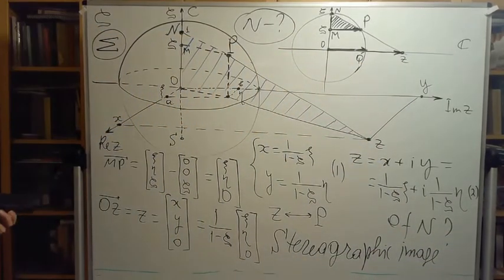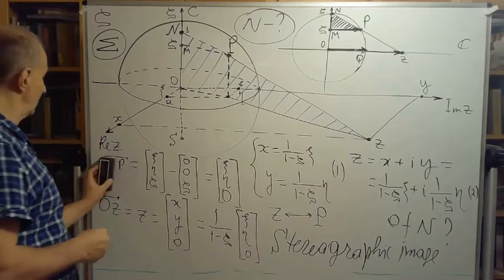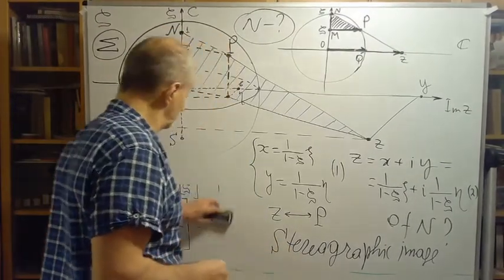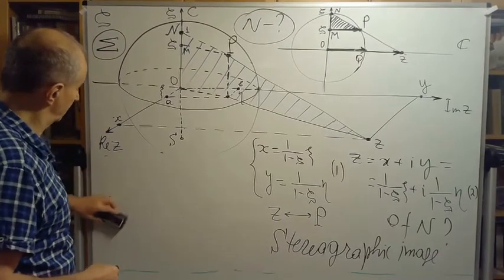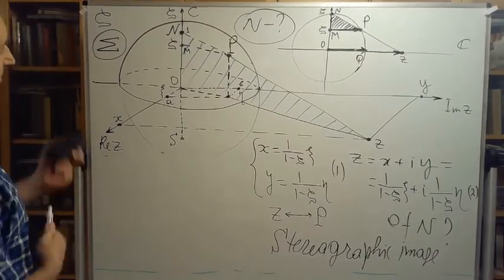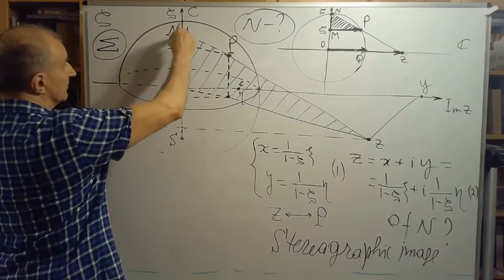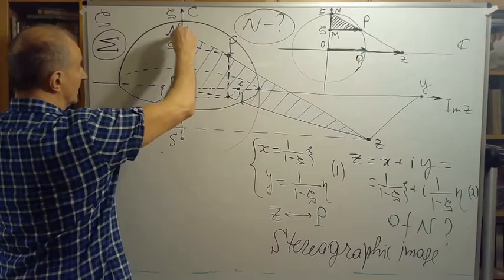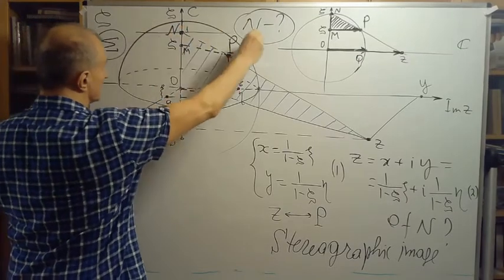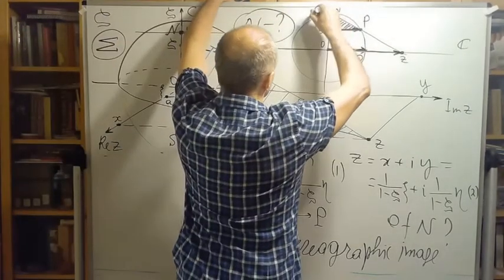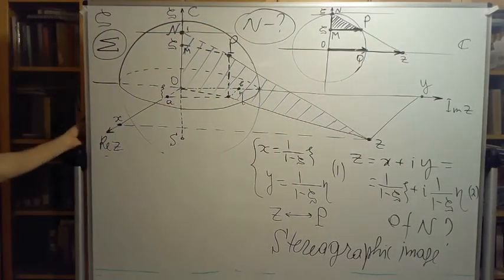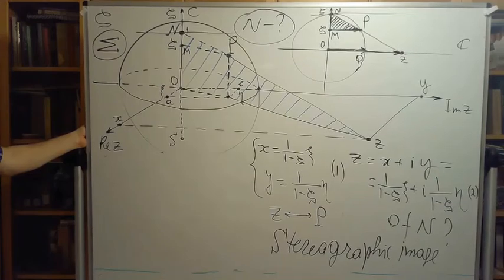That's my question. Whenever I want to find the image of P, we draw a line through the North Pole and P. If I draw a line through North Pole and North Pole, what will this line be? It will be a line that goes horizontally. In our regular notions, it will not intersect the complex plane.